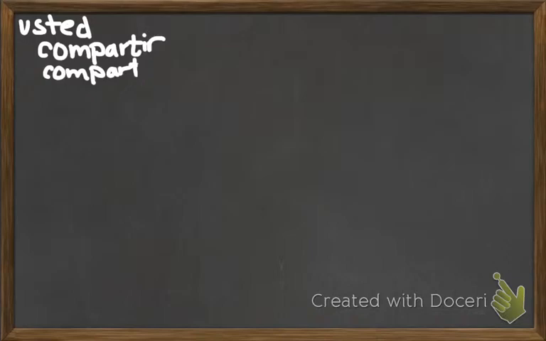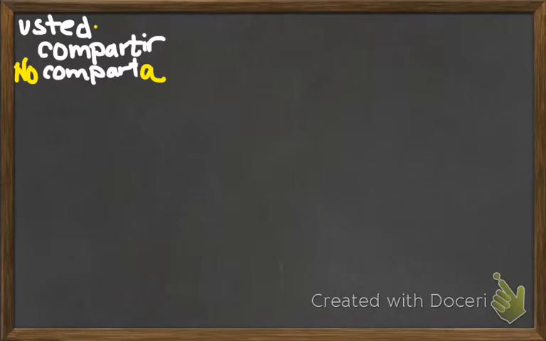Compartir is an IR verb, so our opposite vowel is an a, and it's an usted command, so I'm going to leave it there. So you, usted, comparta, share something. If I want to make that command negative, all I have to do is add a no. So that's comparta and no comparta. Share, don't share.